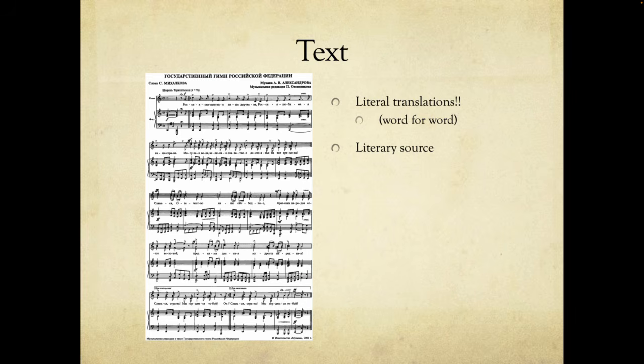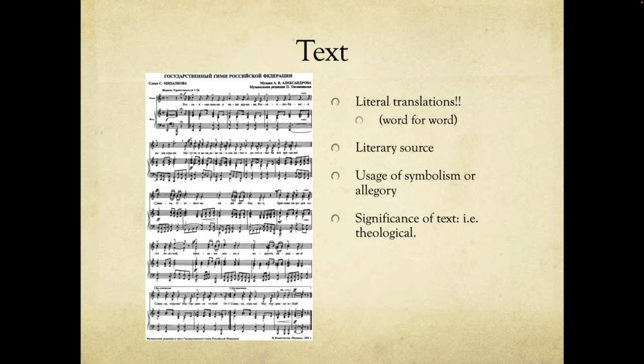So, the idea of finding that source material gives you some context for that. You're looking for any usage of symbolism or allegory by the composer and or the writer of the text or the poet.